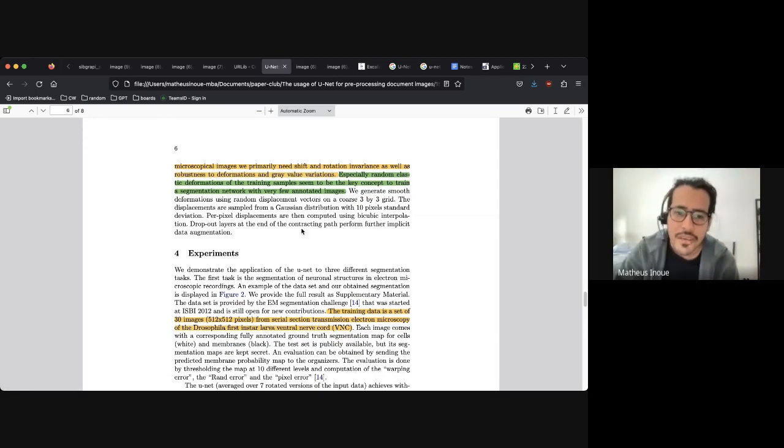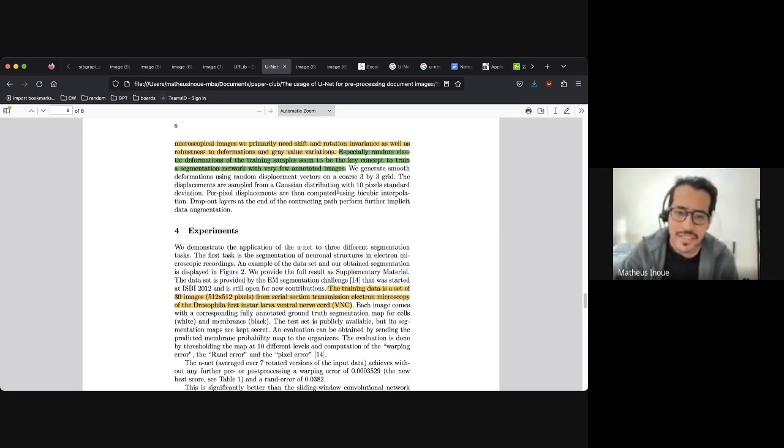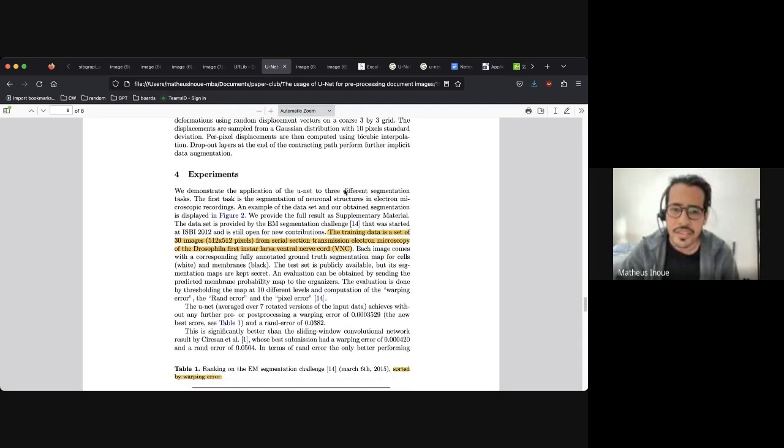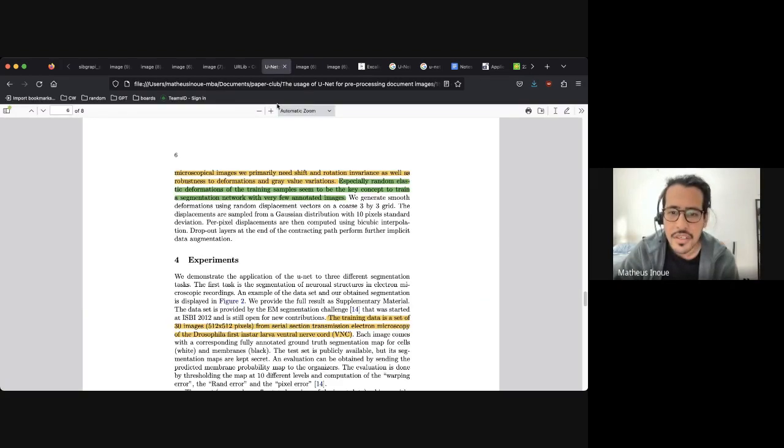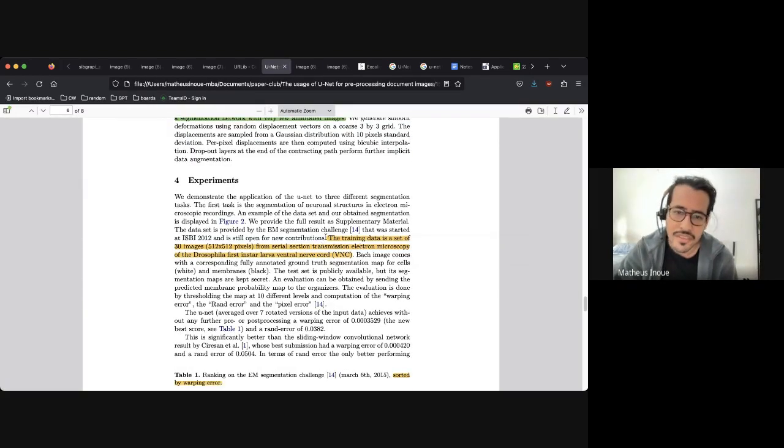Okay, so now we are going to the experiments and the results. The first one is the segmentation of the cells. And I think it's really interesting because the training data set is 30 images, which is really small. The authors of the paper don't go into detail on how much data augmentation they did.